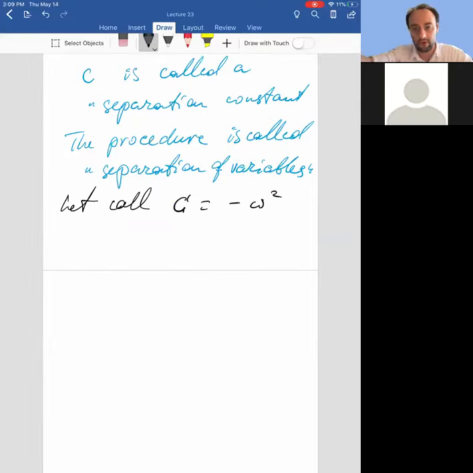It's in foresight that, first of all, it's going to be a negative thing. And moreover, that the meaning of C is minus the square of the angular frequency. So this is in foresight.